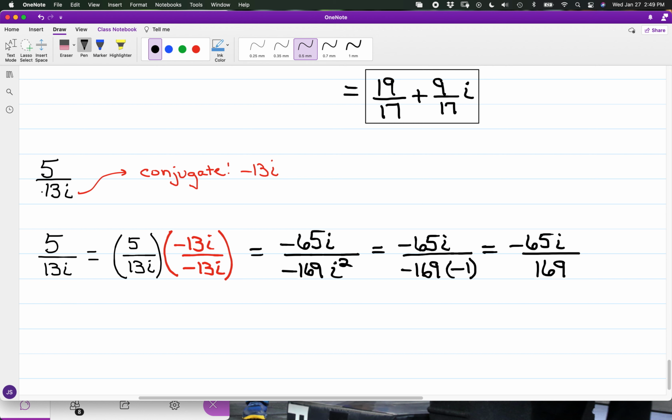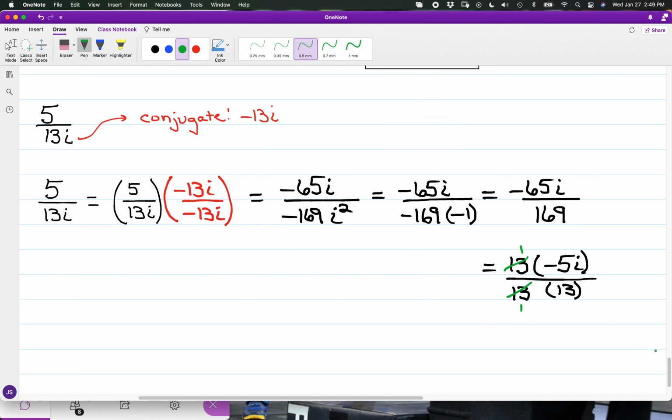But that 13 is going to recycle, for that is the greatest common factor of both the numerator and denominator. 13 will go into negative 65i negative 5i times, and 169 is 13 times itself. So we have 13s to cancel out.